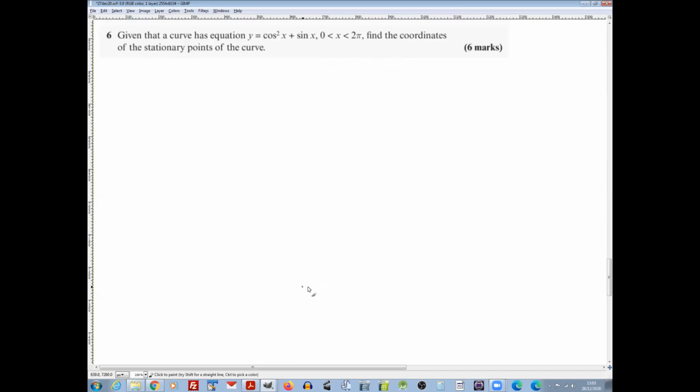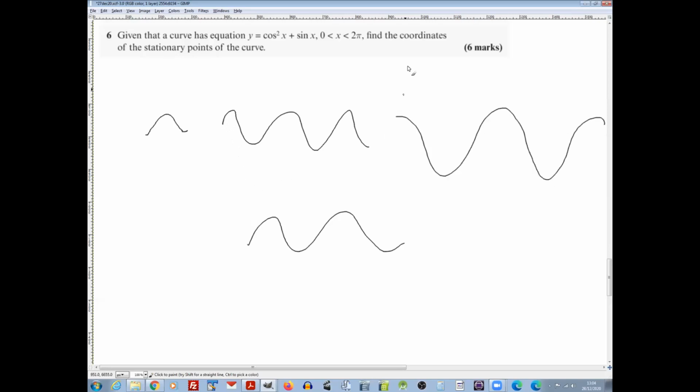Yeah, right. So if it's about finding the coordinates of the turning point, and if it's to do with periodic functions, cos and sine both look like that, don't they? Now, when you square cos, it would need to start there. It starts up there, doesn't it?